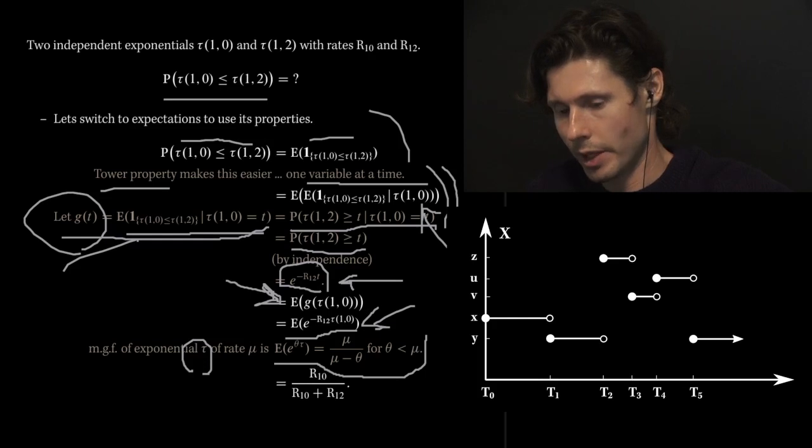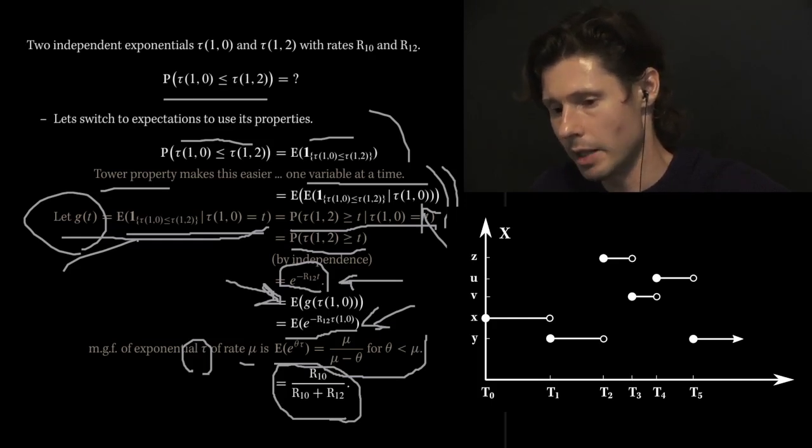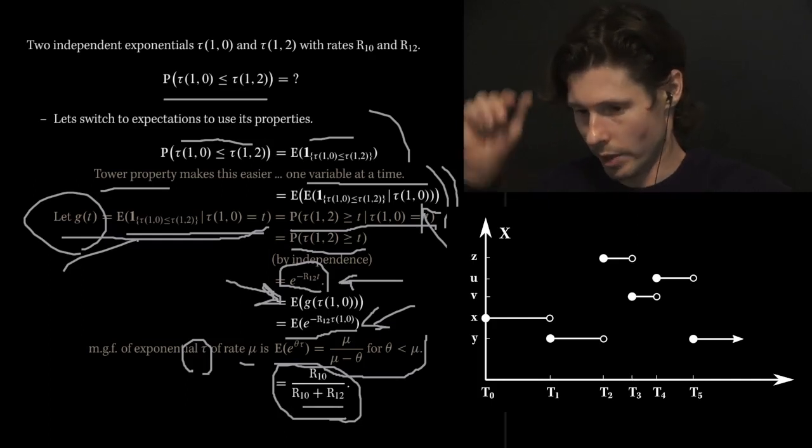That one has rate R10 instead of mu here. All I'm doing is plugging in things directly from above. I had mu in the numerator before, that's my R10. I had mu minus theta on the bottom, that's the same thing as R10 plus R12.